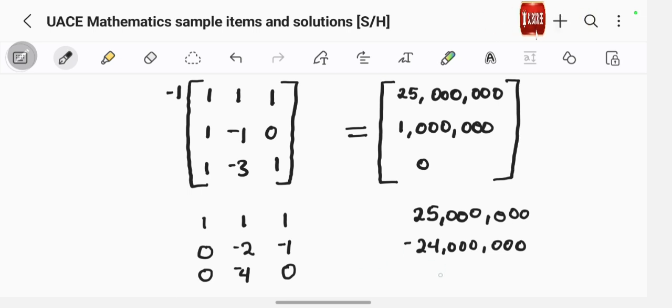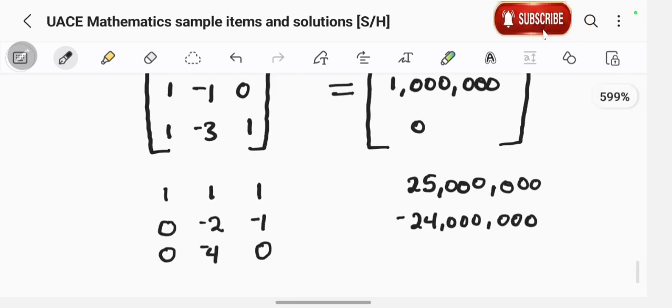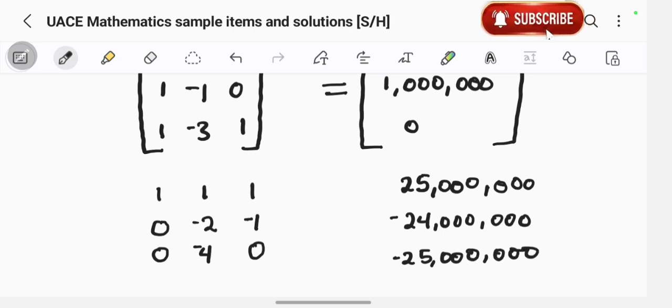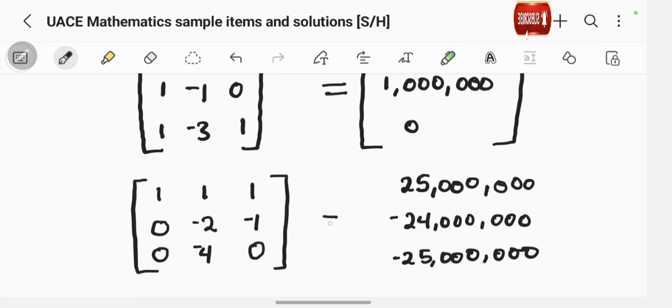And this is going to be negative 1 times 25 plus 0, negative 25m. It's going to be negative 25m, like that. So the first computation is done.